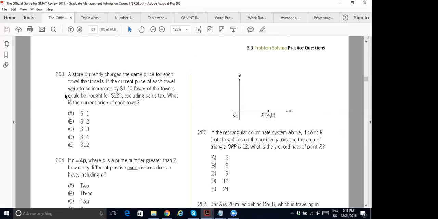For example, question number 203. Very similar question, but the answer choices are not that helpful. Let me at least write the equations down, which you anyway have to do because you have to verify that. Question 203.